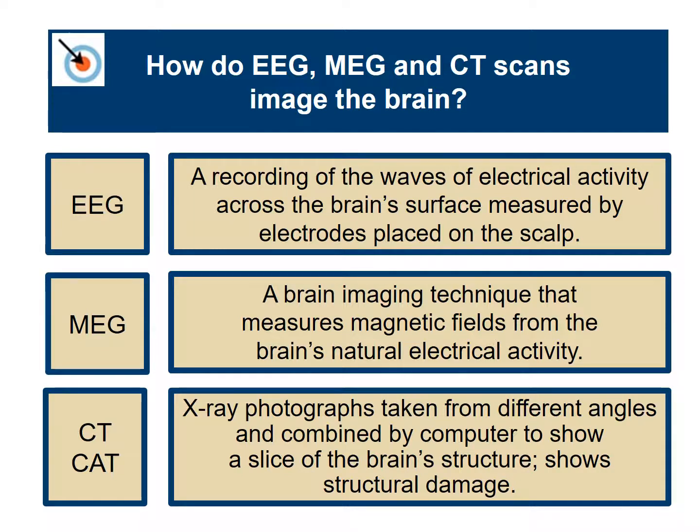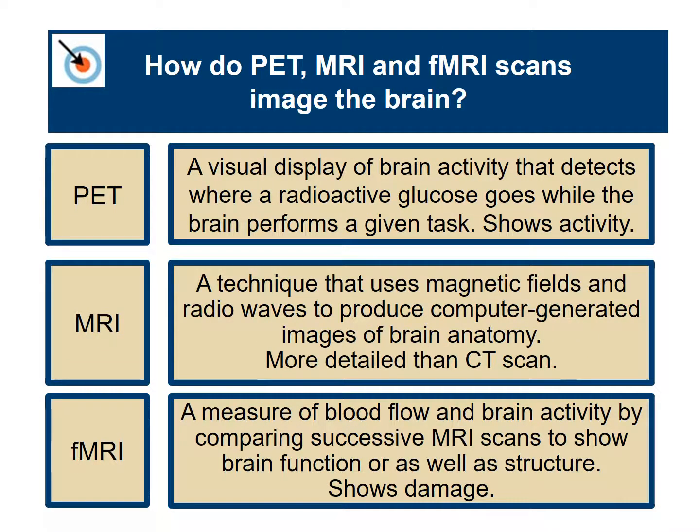And a CAT scan is X-ray photos taken from different angles and combined by a computer to show a slice of the brain structure, and that shows structural damage. A PET scan is a visual display of brain activity that detects where a radioactive glucose goes while the brain performs a given task.